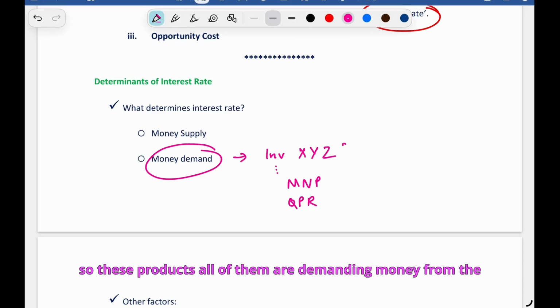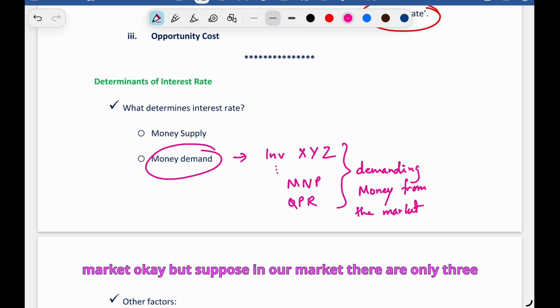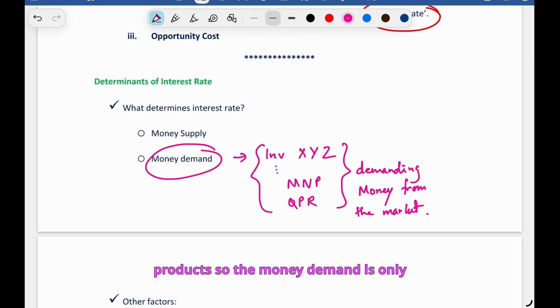So all of these products are demanding money from the market. Okay. But suppose in our market, there are only 3 products. So the money demand is only by these 3 products in a market called A market.